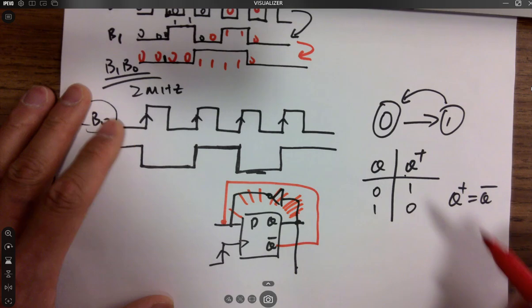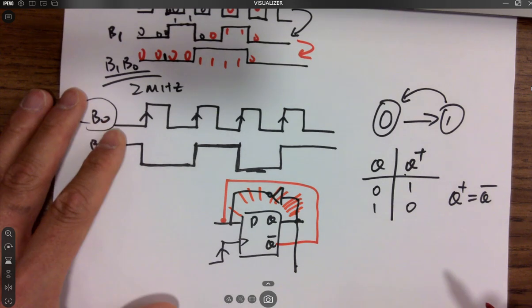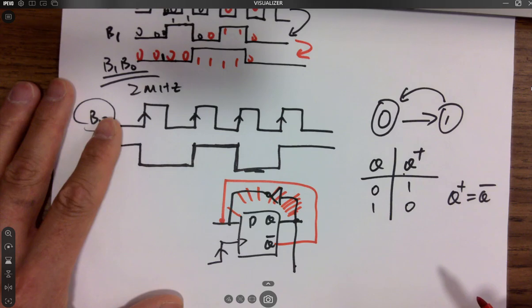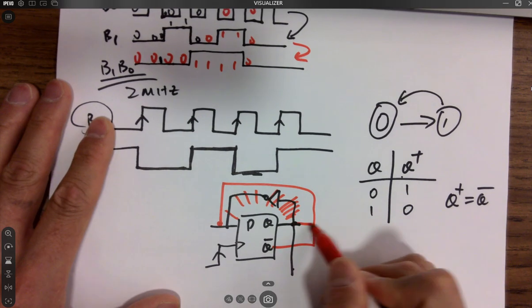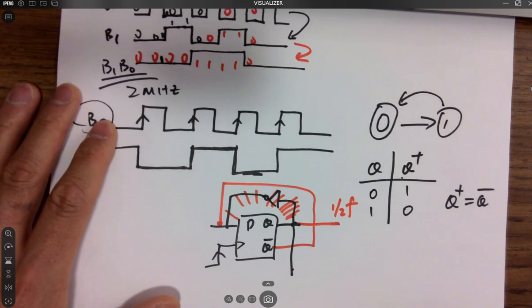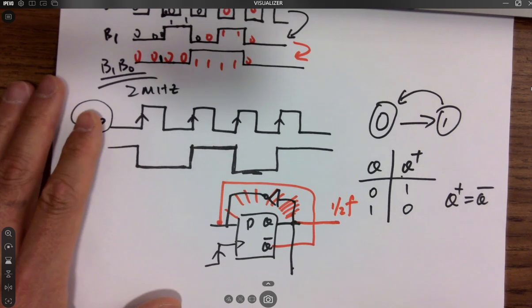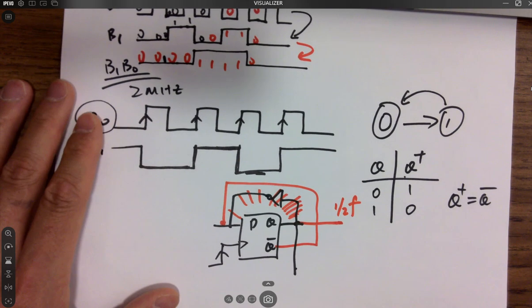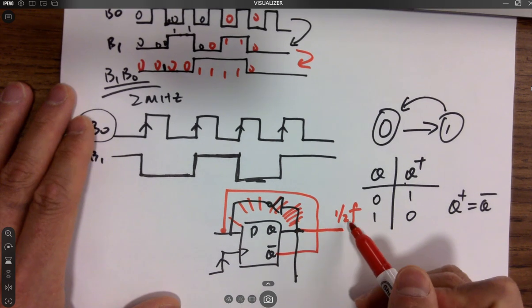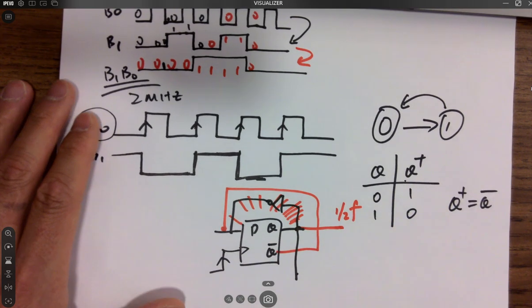Let's do it either way. So the frequency over here will be the clock divided by 2. You just do that for each additional bit, for each stage. So you get a half, a quarter, and so on and so forth, right?